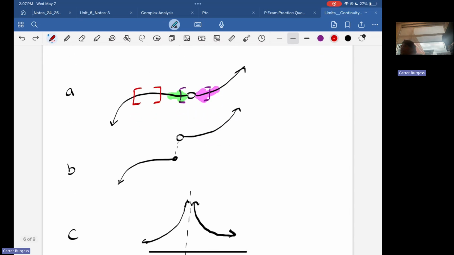Compare that to what we see for B, which would be our jump discontinuity. Why does B fail our continuity check? Both sides don't agree. Notice that my limit from the left and my limit from the right are giving me two different things.